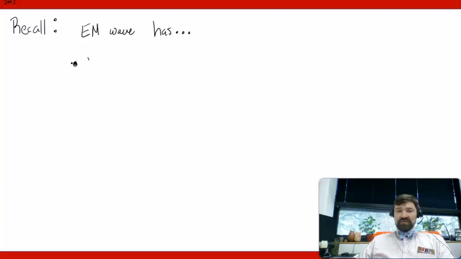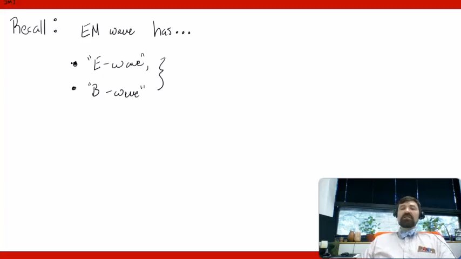So in some sense, there is an E wave, there is a B wave. Both of these things are in phase with each other, meaning typically when you're at a local maximum for the electric field, you're also at a maximum for the magnetic field and vice versa.